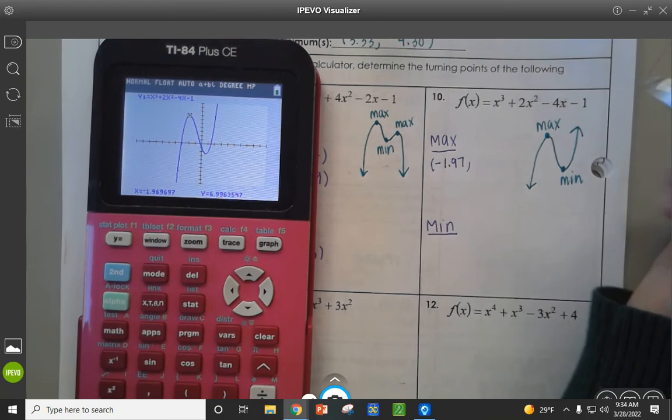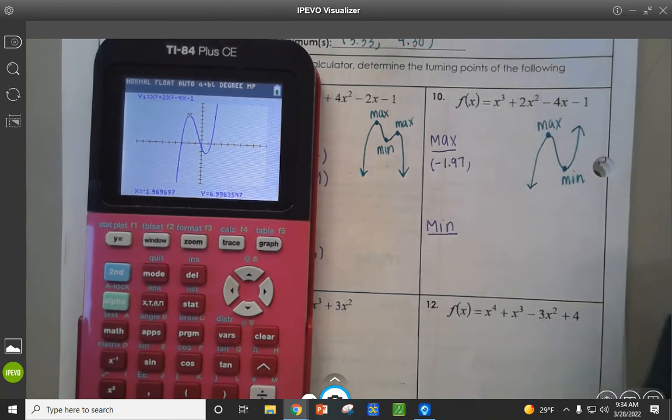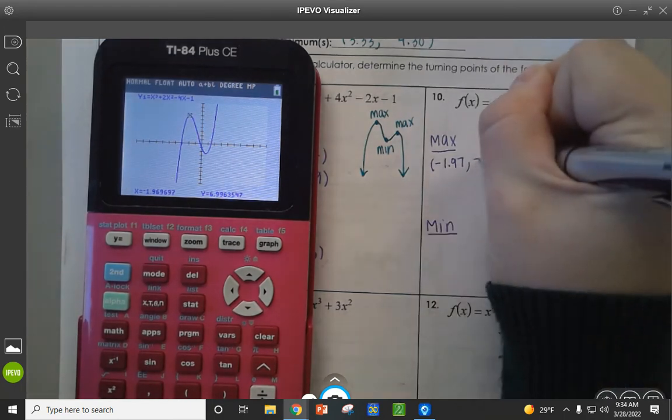The y value is 6.996. So when I try to round that, it's just going to round up to 7.